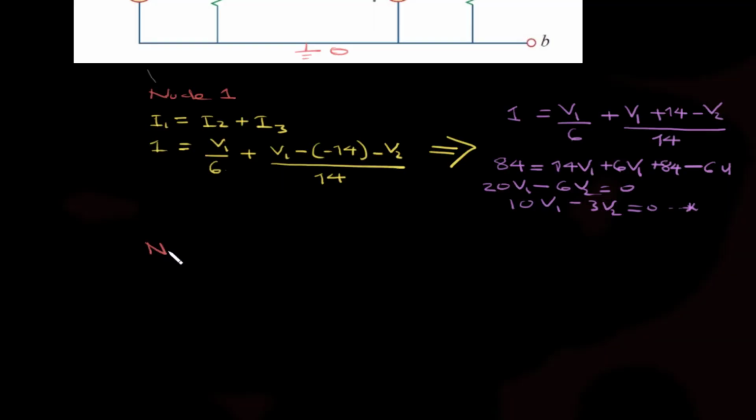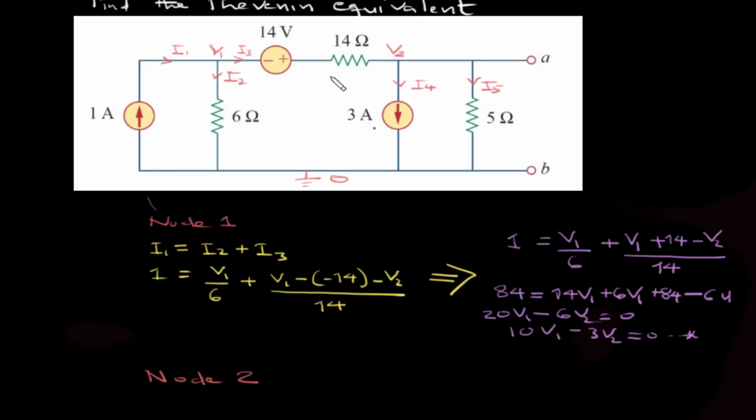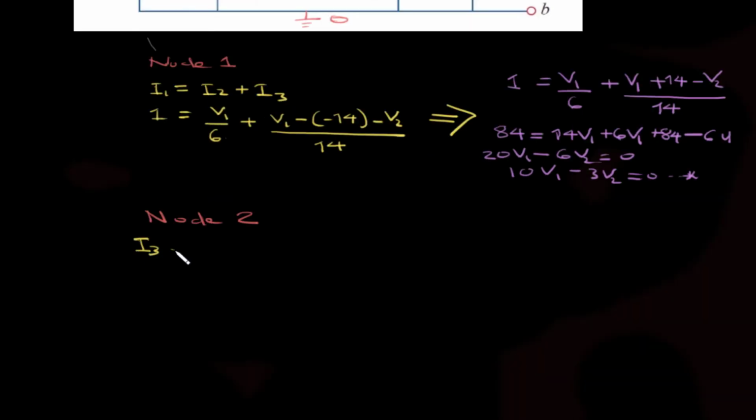Then if you go to node 2, we will have I3 equals I4 plus I5. From node 1, we have I3 as V1 plus 14 minus V2 over 14.